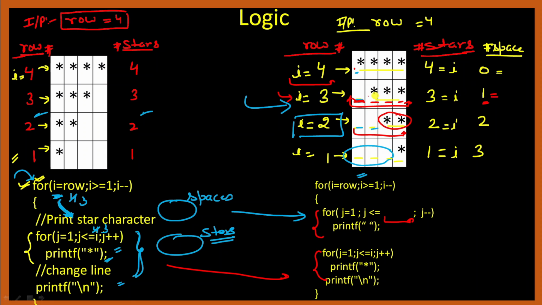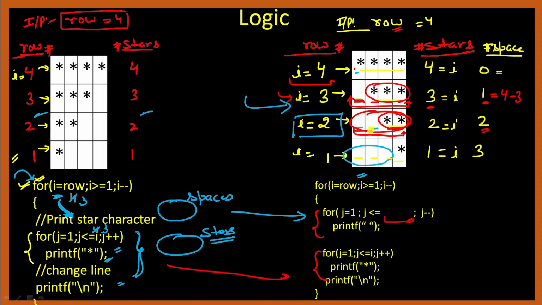How? If i is 3, I will say total number of rows, that is 4, minus the count of the stars. What is the count of the stars? 3. This will give me 4 minus 3, which is 1. Same here, how can I get this 2, that is the count of the space?